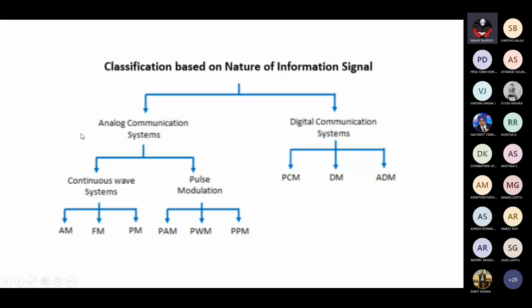In analog communication systems, our syllabus is focusing only on these types of modulation, how it is modulated, and how we are going to detect it. Okay. Digital communication system is a separate module, so we will study it in detail in the course digital communication systems.